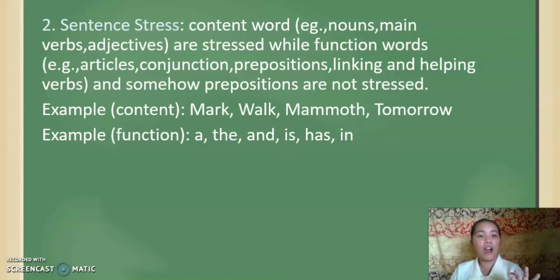Well, the function words like the, is, has, in, you have to just not stress those. So, for example, Mark is enjoying. Mark is enjoying. Okay, have you noticed the word is not stressed? So Mark is enjoying.